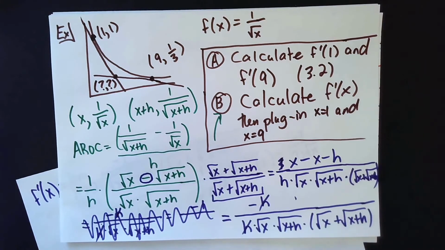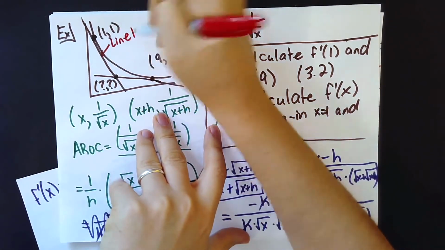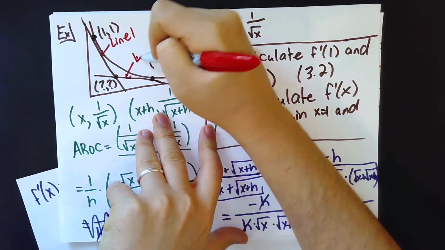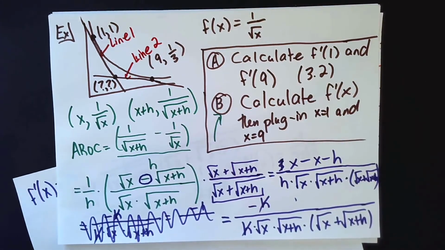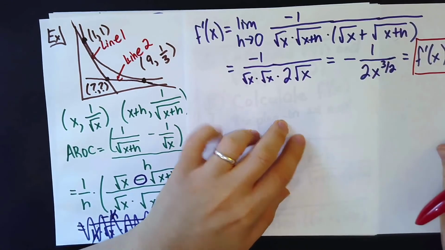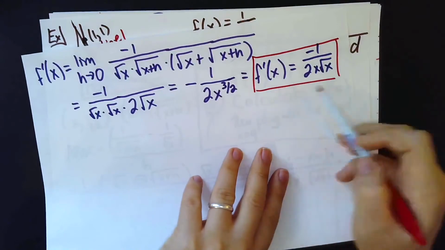Now, I have to go about finding the equations of these tangent lines. So I'm going to call this line 1, and this line 2. And I'm going to go ahead and proceed to find the equations of line 1 and line 2 using this formula.